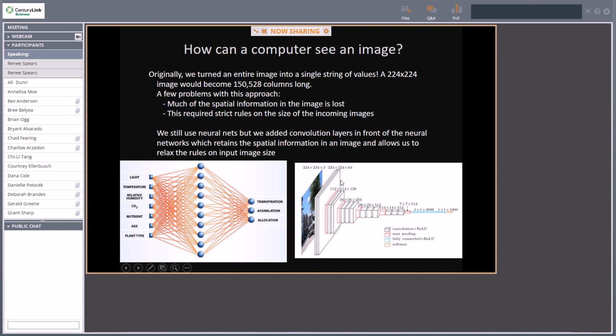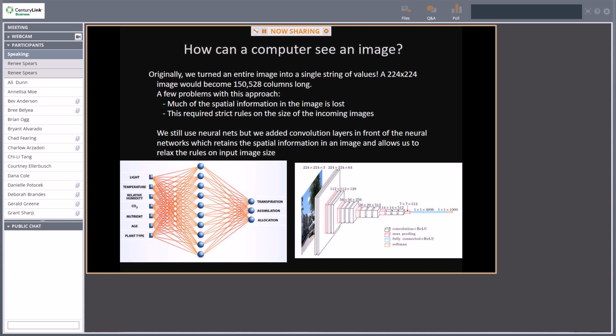And then over here, this whole half right here, this is where all the convolution happens. Now, what do I mean when I say convolution? We're talking about matrix manipulations and matrix math. And I'll speak a little bit more about this. So this is how we feed images into a computer.